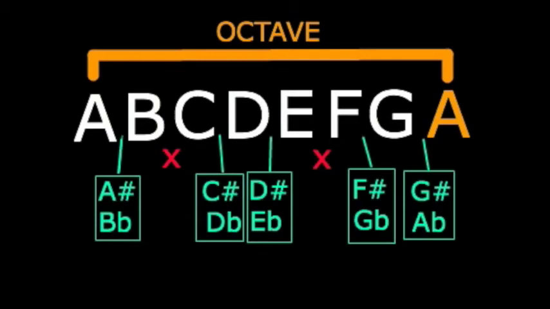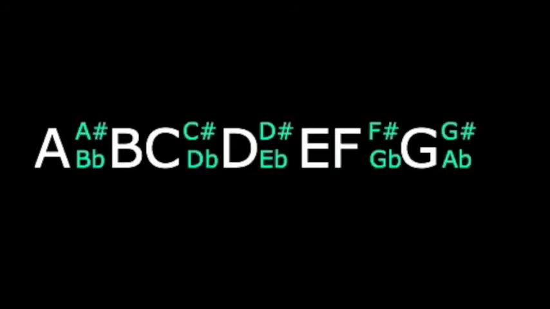This is a little confusing the way it's written out right now, so let's try and organize it in a way that's going to make a little bit more sense. If we understand the notes that we have, A, B, C, D, E, F, G, and then we realize that there are notes in between those notes, we can organize them as such in a nice line. And if we played those notes would go like this.